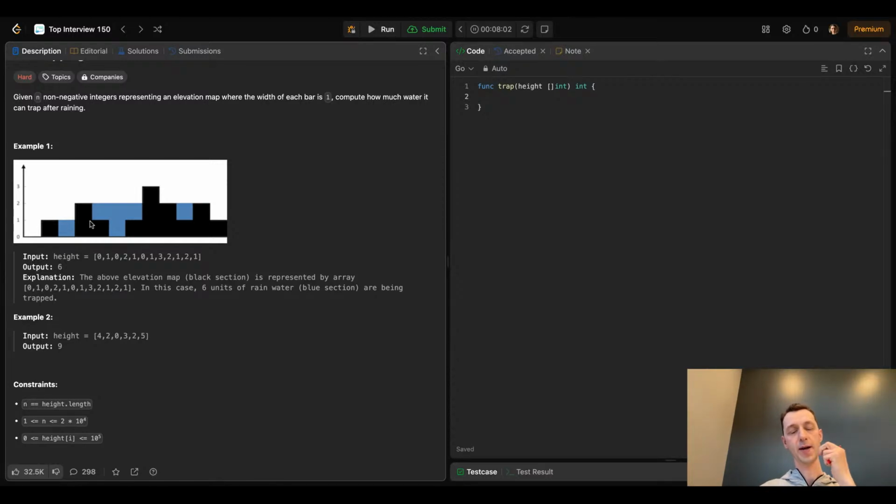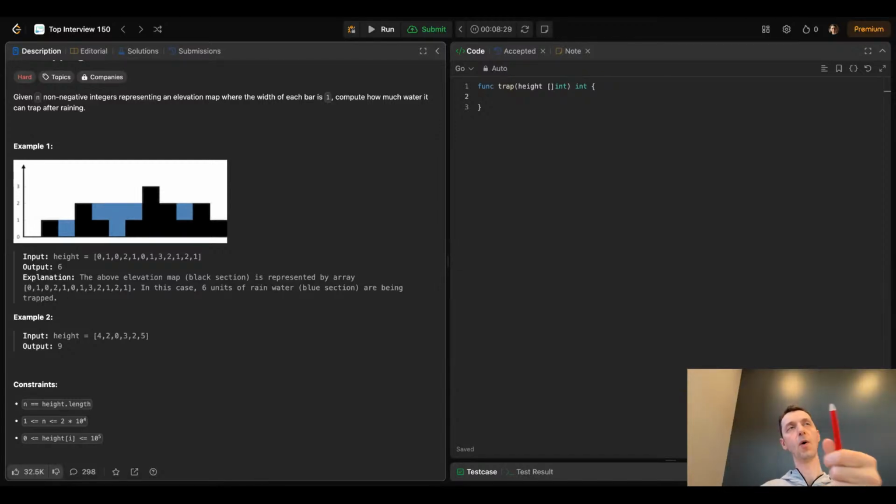So we'll find that wall, and then we'll go again and count the water in it, and we'll compare these two. No, we cannot do that.